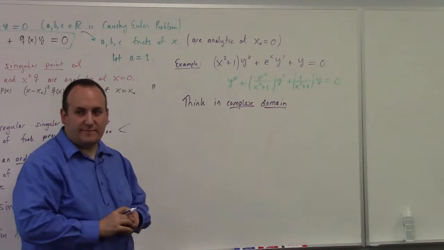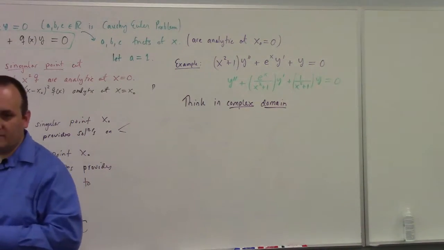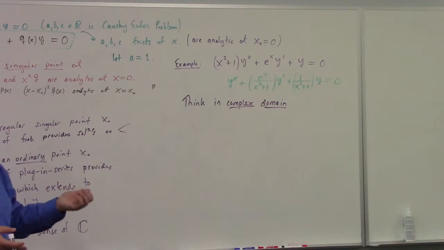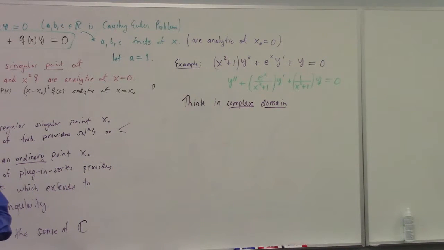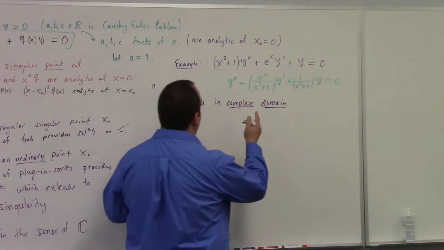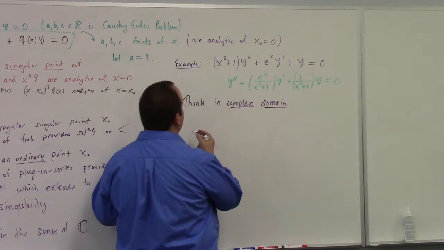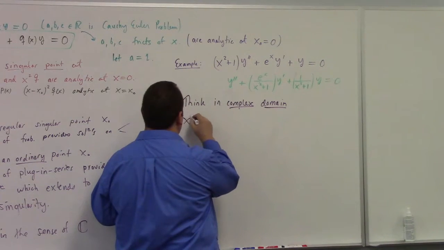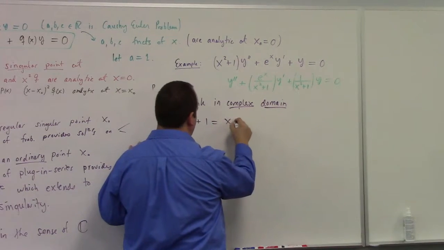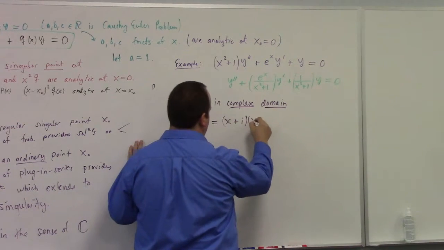So x squared plus 1, when is it 0? Never. It's the sum of squares, right? But that's real. So I can't be real with you guys. We have to think more deeply. x squared plus 1, of course, is x plus i times x minus i, right?